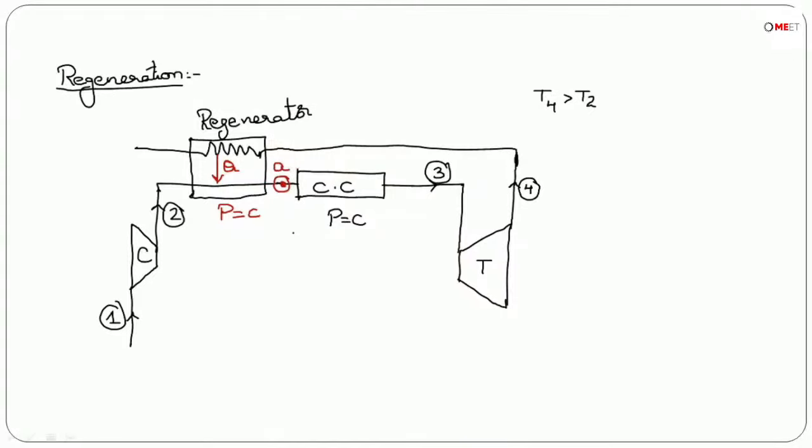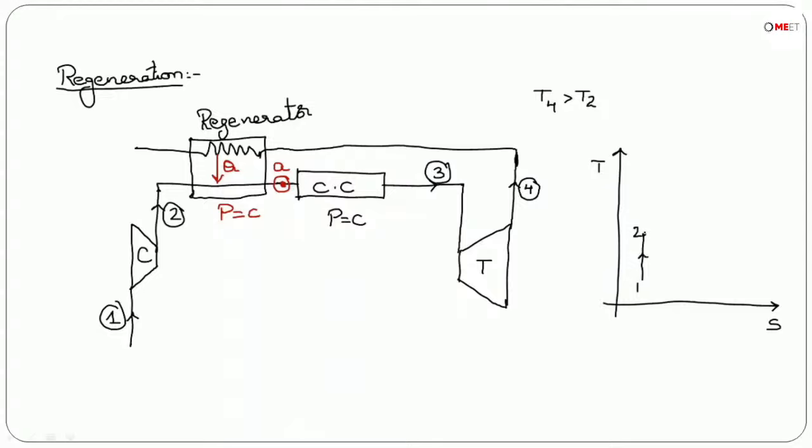So what is happening here is, if we draw the TS diagram, here, process 1 to 2 is isentropic compression.